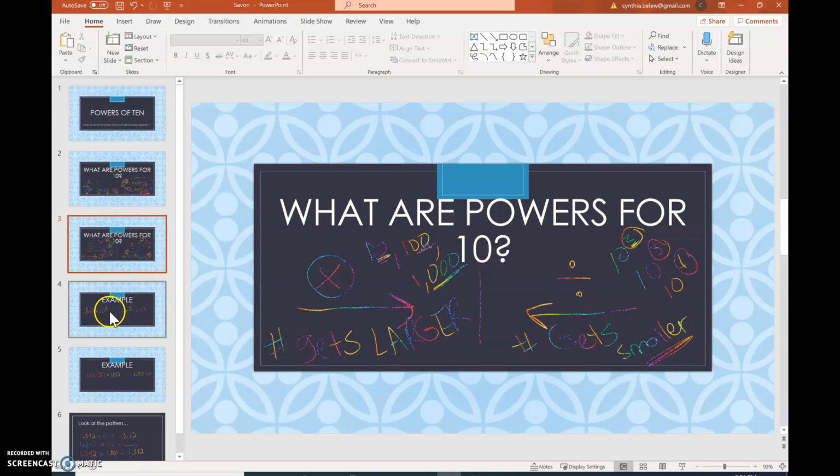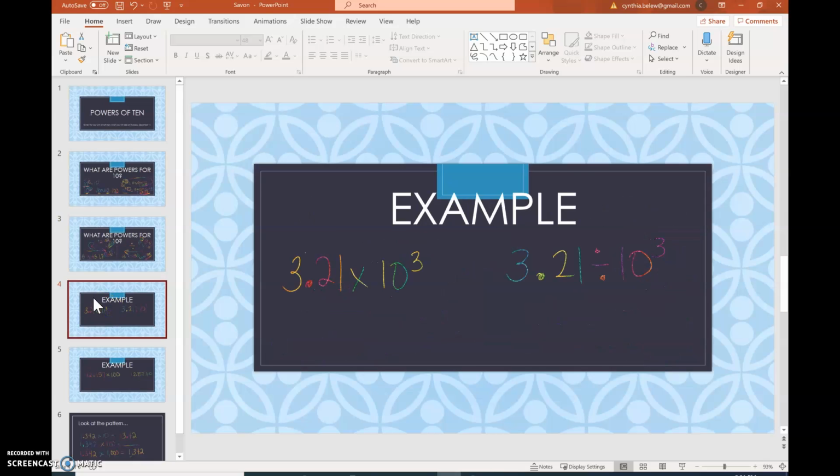So let's do an example. 3 and 21/100 times 10 to the third power. I'm multiplying, so my decimal is going to slide to the right. And I know it's going to slide to the right 3 times because that exponent tells me.